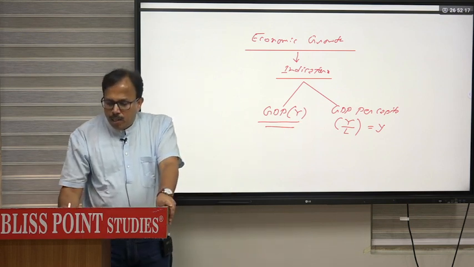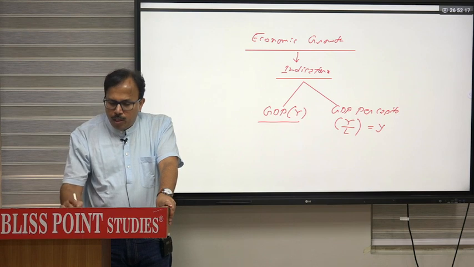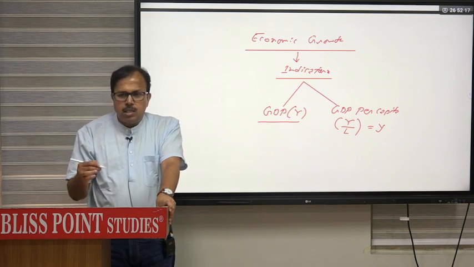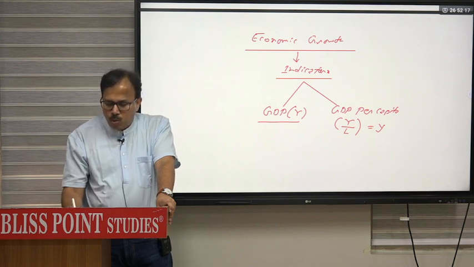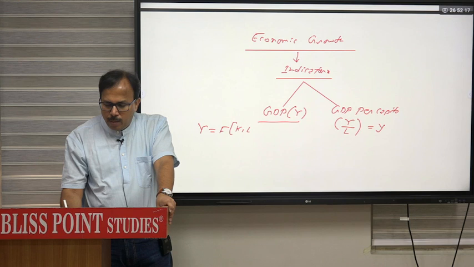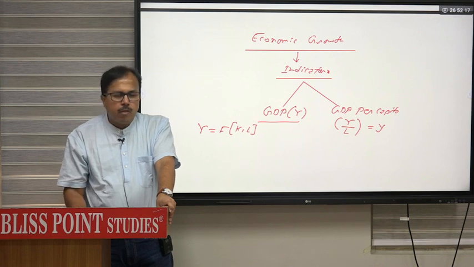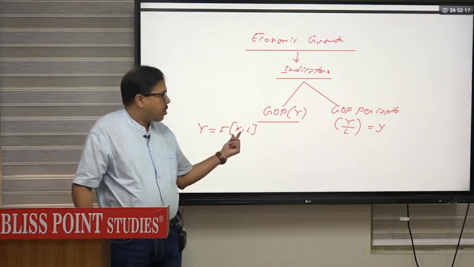Now when we explain the GDP, there are different models, and a model will always be explained by using some equation. So output is said to be initially a function of capital and labor. GDP is a function of capital and labor.